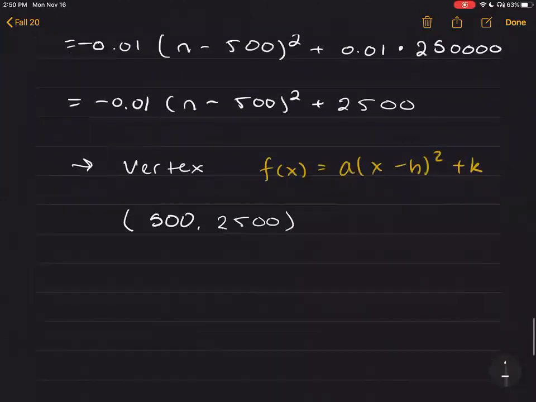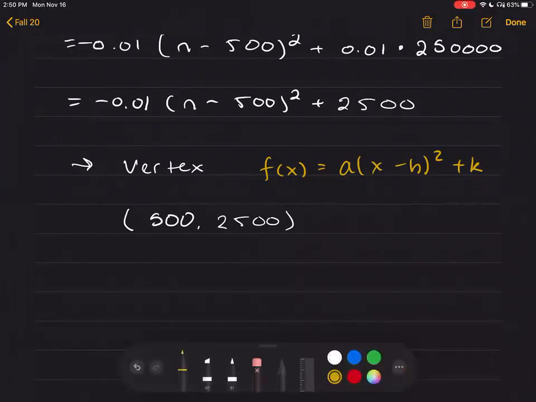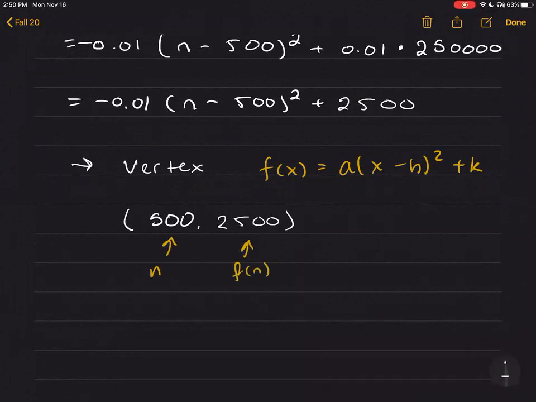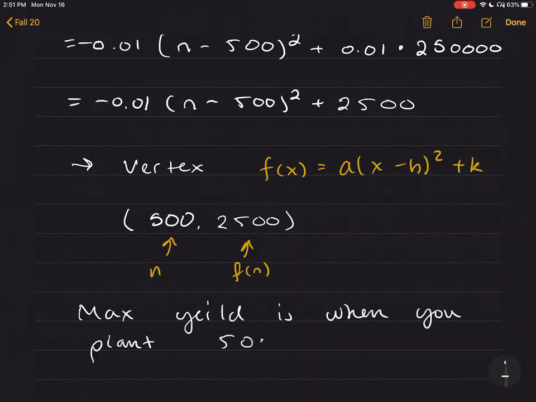All right. So that means since this was our n and this was our f of n, max yield is when you plant 500 vines.